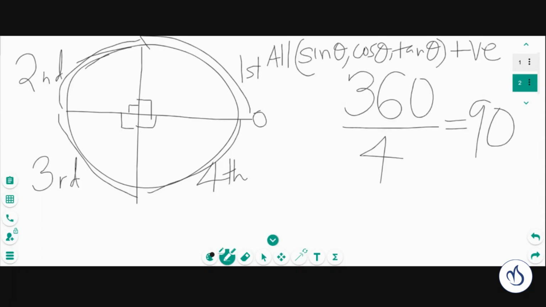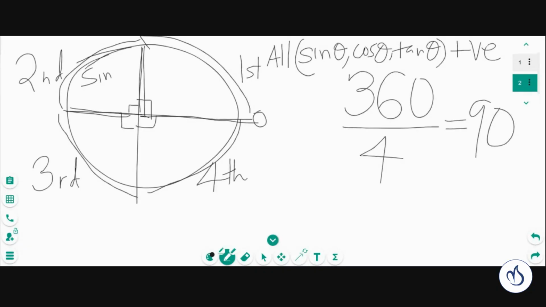Maybe let me just tell you the basic reason. This is the positive x-axis. This is also the positive y-axis. So since all axes are positive, sine, cos, and tan will be positive. Now, when I come to this second quadrant, only sine is positive.